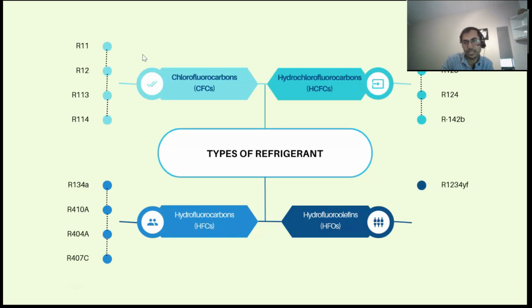And HFOs, currently R1234yf, R1234ze, R1234yz. These are commonly starting to be used for protecting our environment as well as to get the maximum effect. There are many other refrigerants as well. However, we have listed based on the current use in various industries.